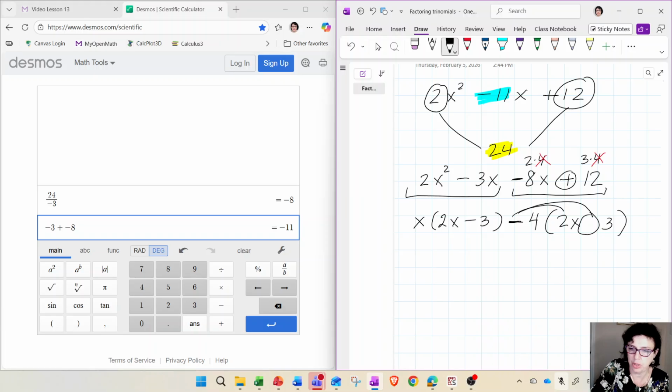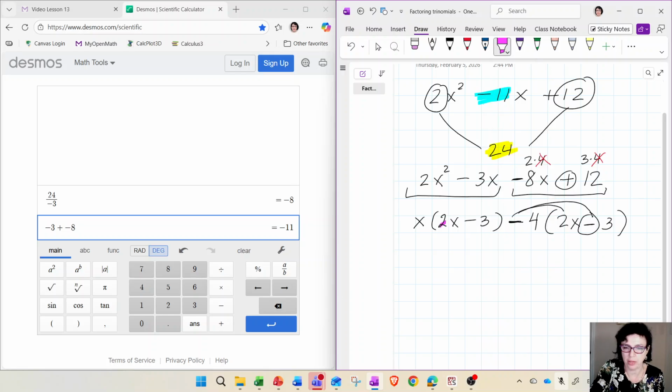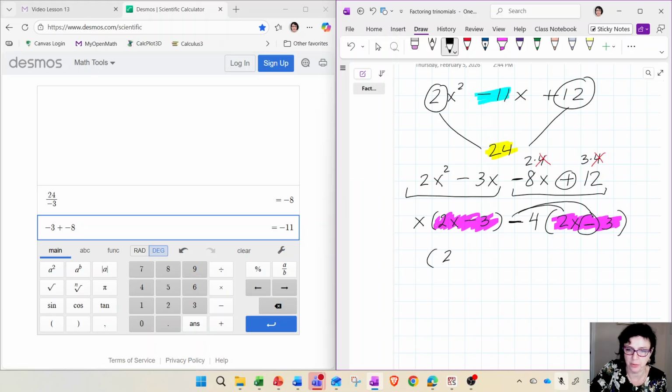So that is actually going to be negative right there. Also, when you factor by grouping, the common factor, the 2x minus 3, that thing is supposed to repeat. So that would be something that you could pay attention to. So the final factoring would be 2x minus 3 multiplied by x minus 4.